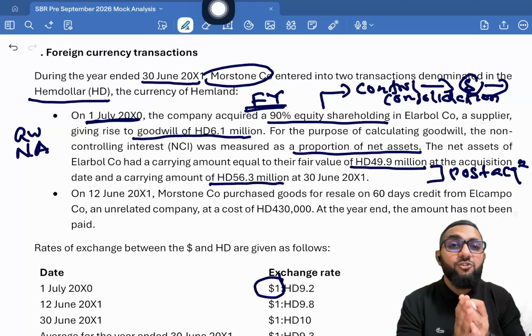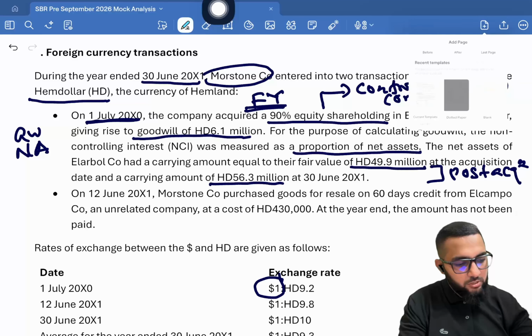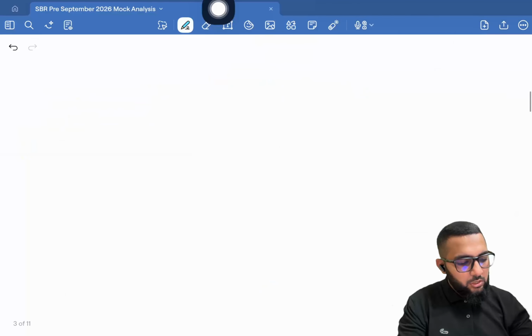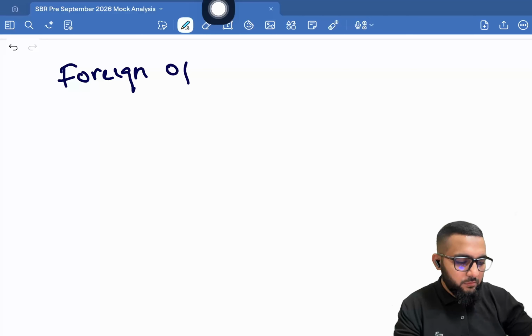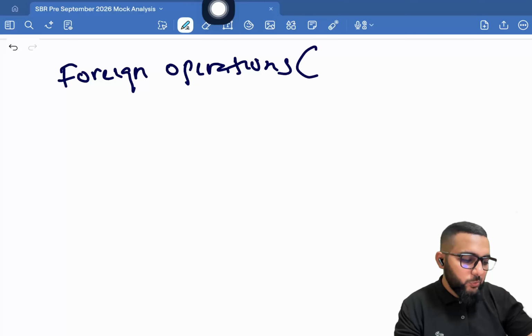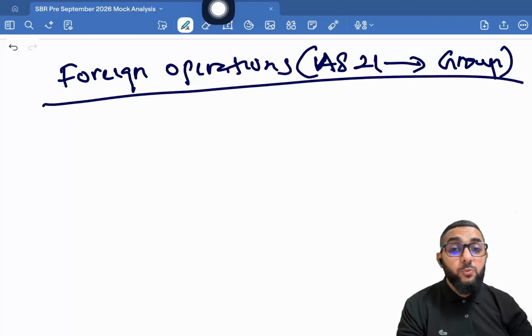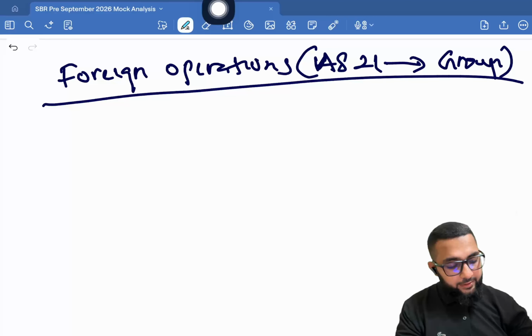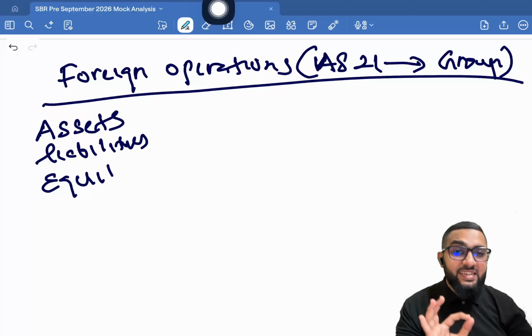What are the mechanics? Now you need to know the mechanics of translation. So when we talk about foreign operations, meaning IAS 21 in relevance to group accounting, you need to remember that all the assets and liabilities, and any equity item that is to be shown separately, would be retranslated at the year end.